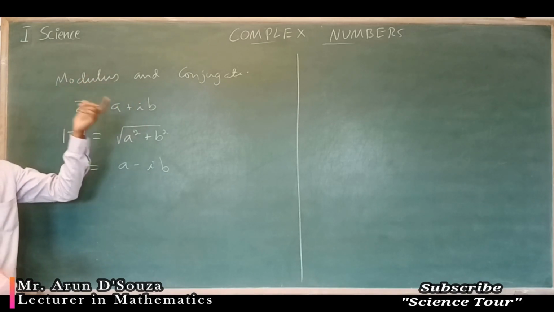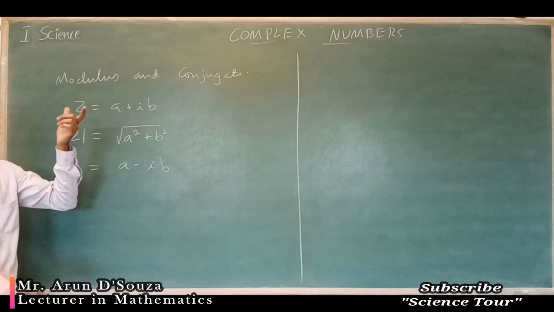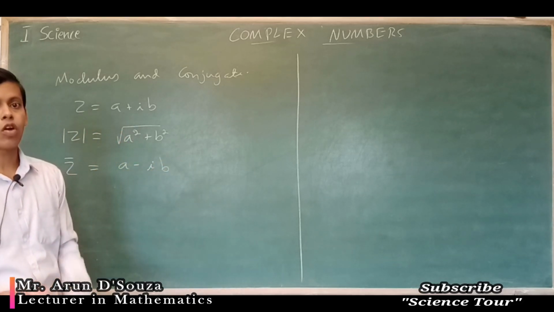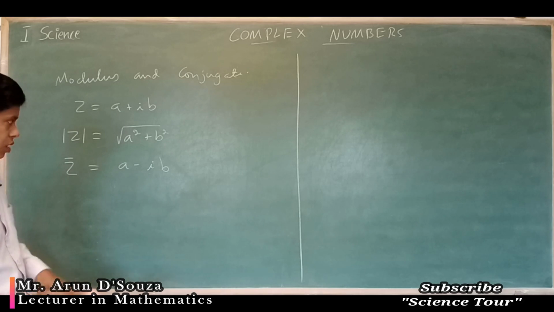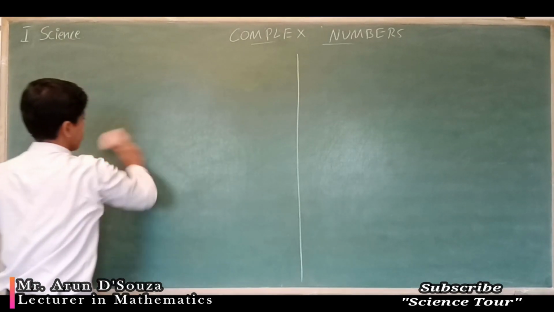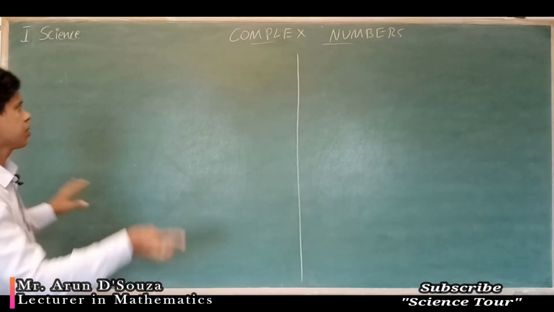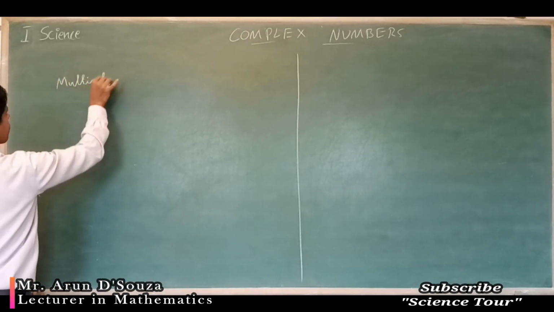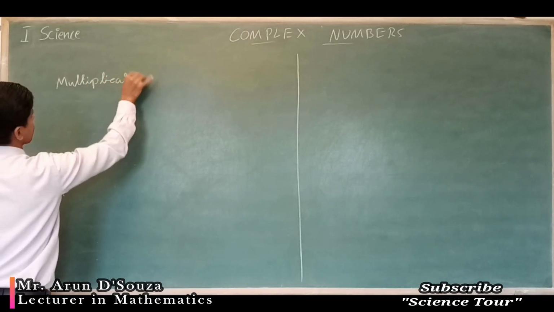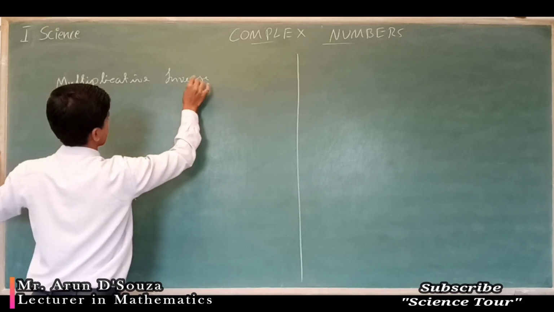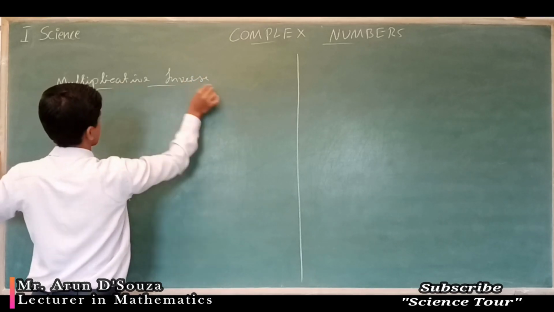We have a few properties. Okay. So before that, I want to give you a very important formula for multiplicative inverse. Okay. I have already explained this concept, multiplicative inverse. Right.